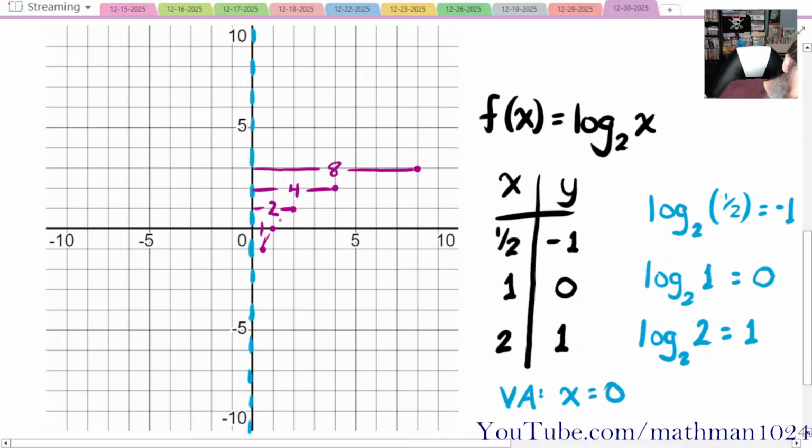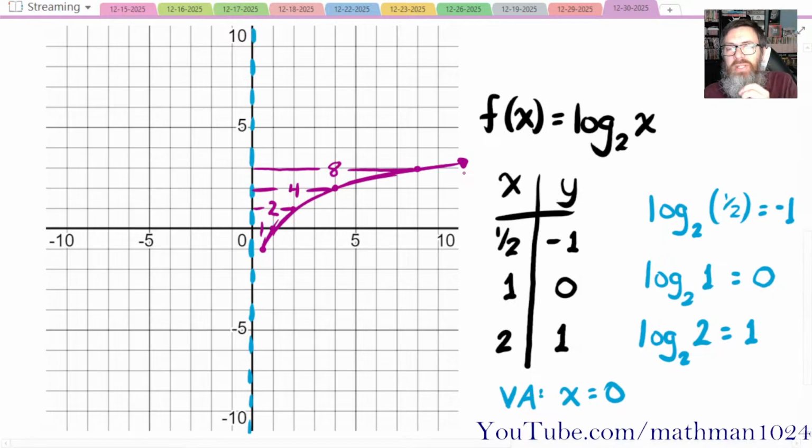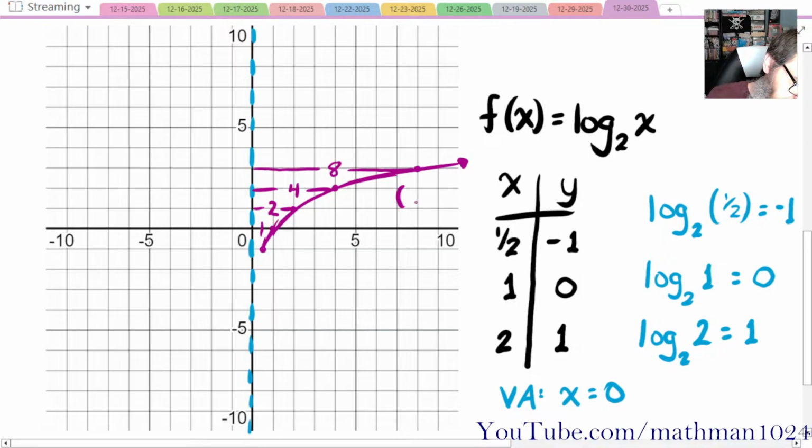And so as I go over, I'm still going to be increasing. He's never going to be flat. He is going to keep getting higher and higher. But the problem there is that it's going to take a really large number for him to go up each successive unit. So, when I plug in 8, I get 3.